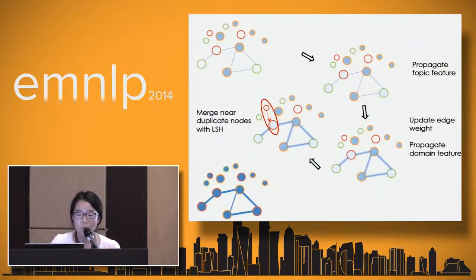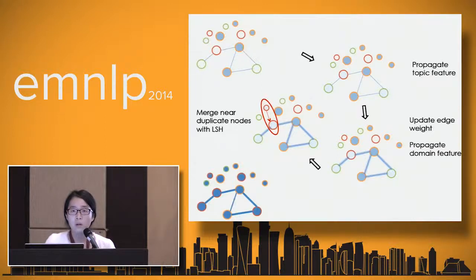By duplicate nodes, we mean the nodes with similar names, such as what to do in Doha, what to do in, and what to do, and something like that. The similar strings, and also the similar intent feature vectors, and we merge them.